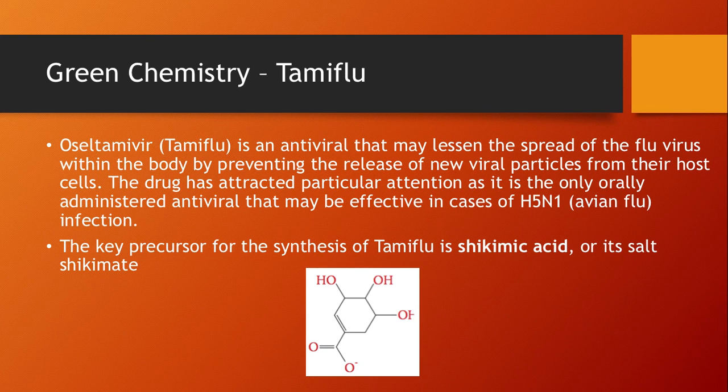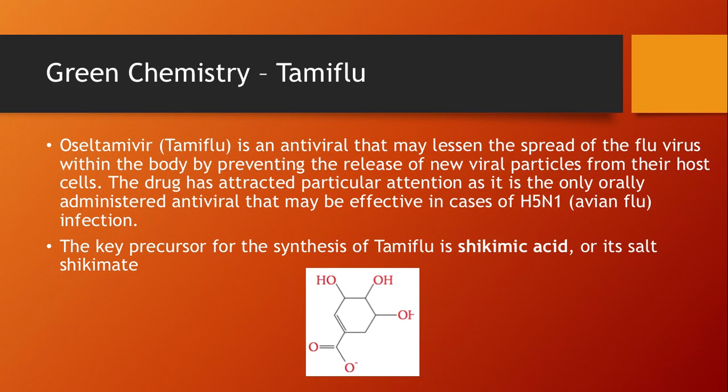Here's another example of green chemistry, which is in the use of the drug Tamiflu, which is also known as oseltamivir. We talked about this drug as an antiviral that may lessen the spread of the flu virus within the body by preventing the release of new viral particles from their host cells.